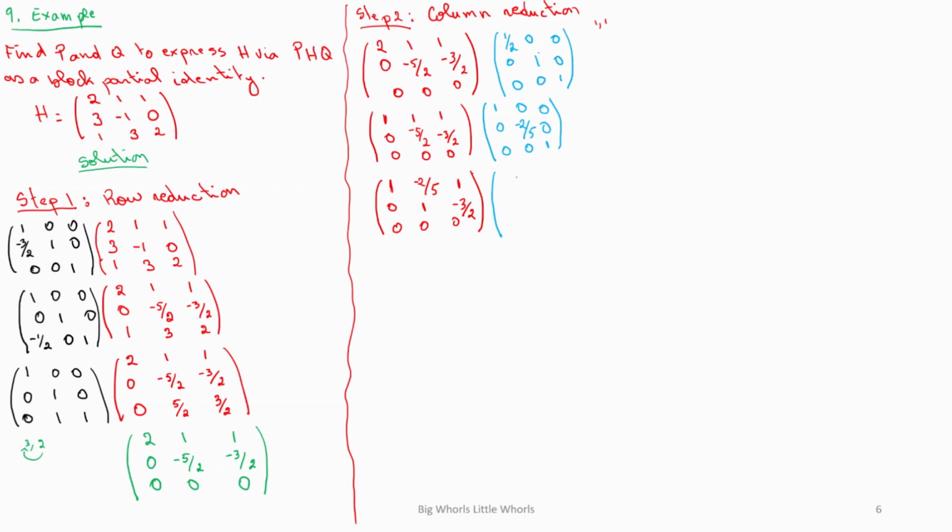Okay, so this is going to be the reduction matrix. 2 over 5, 0 0 1 0 0 0 1. Okay, it will give me the following matrix. So we have 1 0 1, 0 1 minus 3 over 2, 0 0 0.